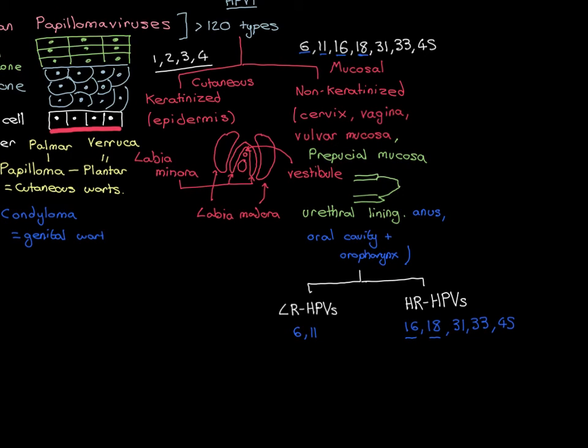The preputial mucosa, that puts you at high risk of getting preputial mucosa cancer. The urethral lining, again, the anus, anal cancer, you have a higher risk of getting that if you've had a high-risk HPV infection there. And even in the oral cavity, there is research showing that head and neck cancers are more common after having a high-risk HPV infection there.